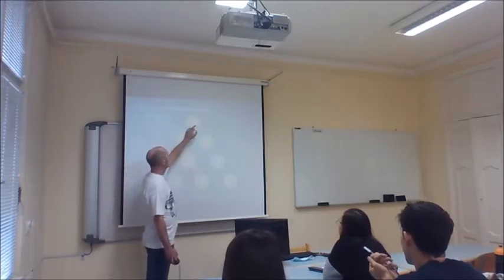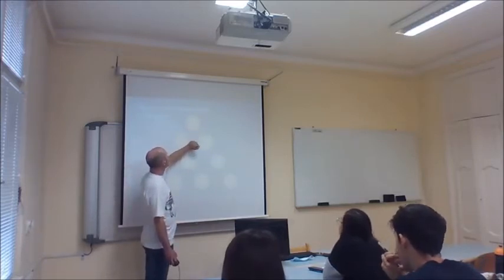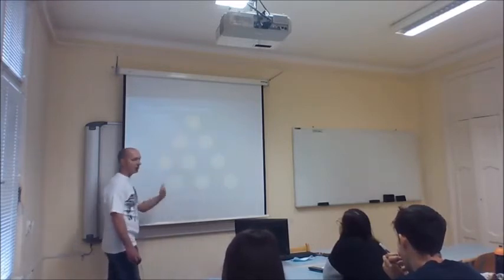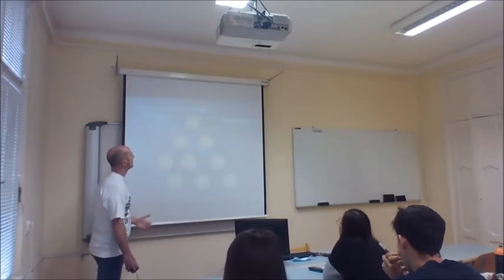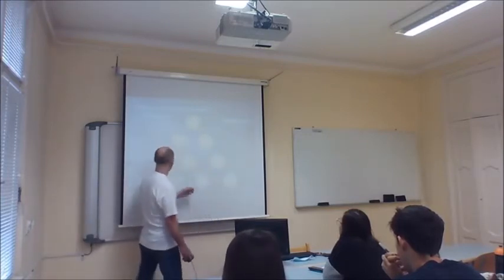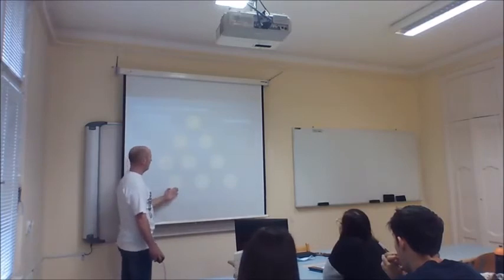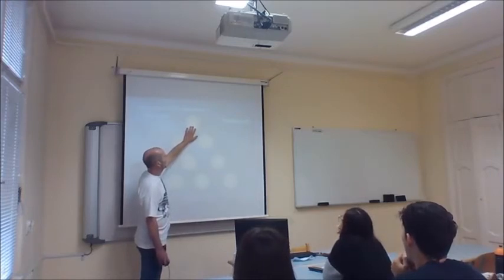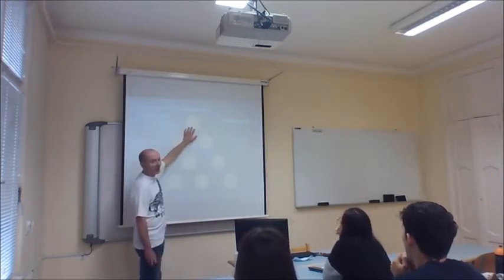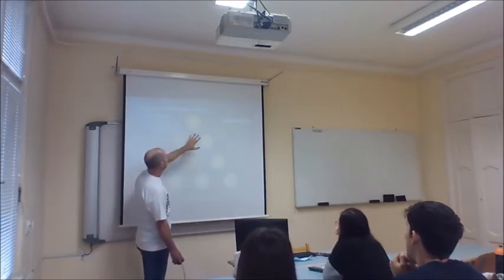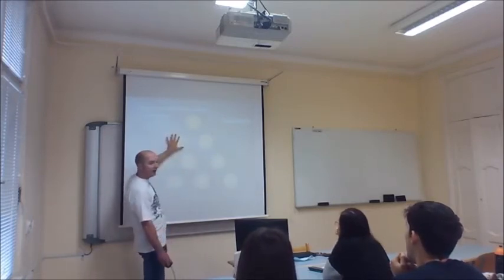Because the only element whose address we know is the root, we always start from the root. For example, if we want to search for the element 14, which is here, then we start from the root. We know that 14 is less than 28, and all the elements that are less than 28 are in its left subtree, so 14 has to be here somewhere.